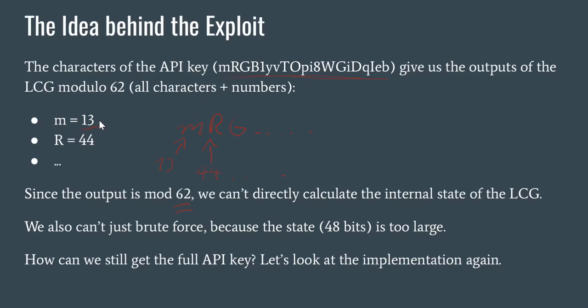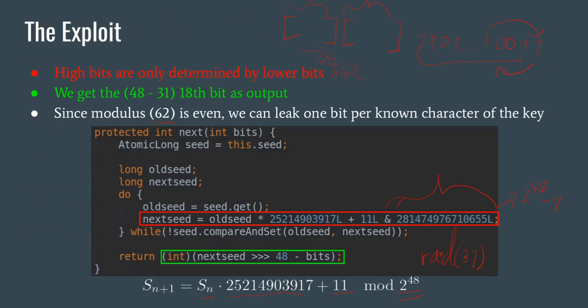So with 13, we know the output of the random function of the 31 bits modulo 62 was odd, because we got an odd number, 13, the 13th character, the M. With 44 we know the output was even, so we can leak 1 bit per character of a state.